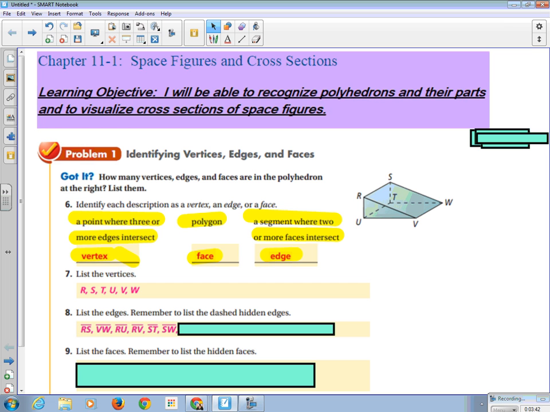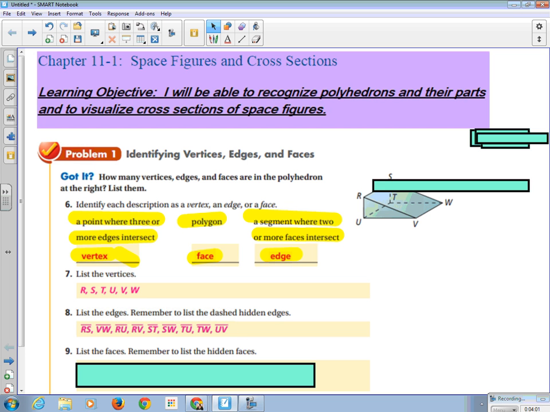SW is the back diagonal section. TU is the left-hand bottom side. TW is the back hidden bottom line. And UV is the front bottom edge.